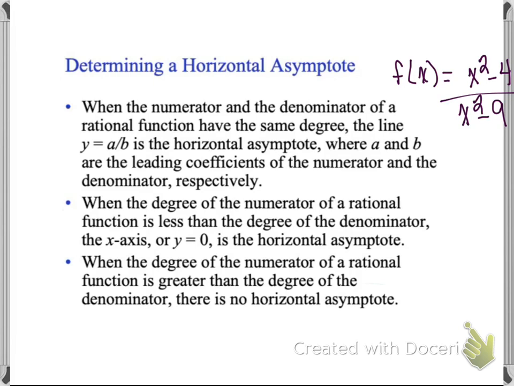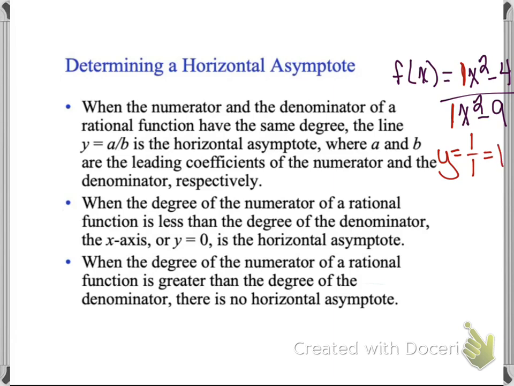So what I look at is this relationship right here. What is the coefficient in the first one? Good. What's the coefficient in the second? Good. And what's 1 over 1? 1. So my horizontal asymptote in this situation is y equals 1.